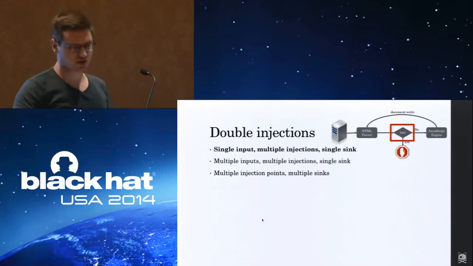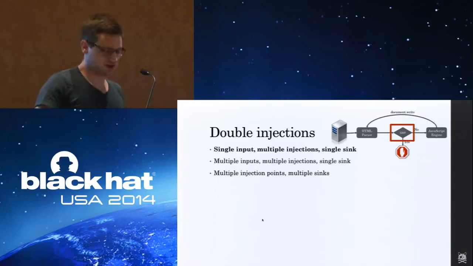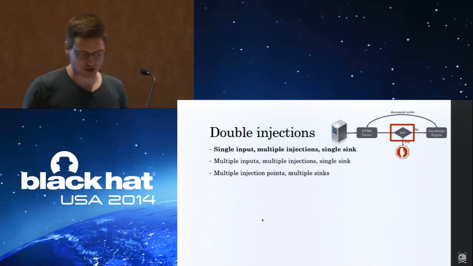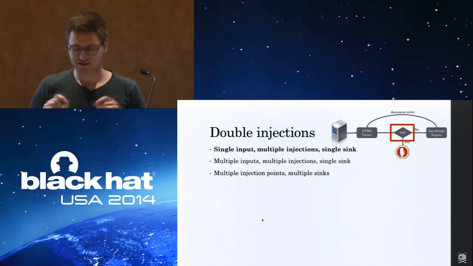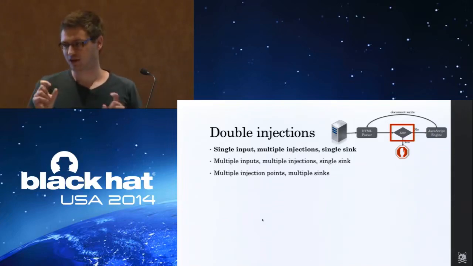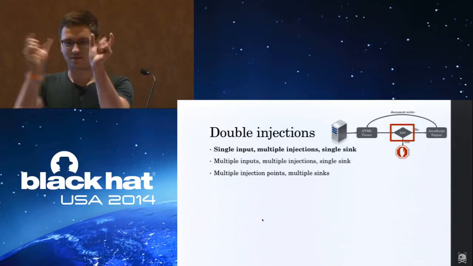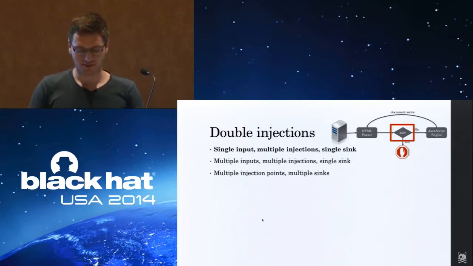What we like to call double injections. So double injections, we have three different classes. Let's say we have a single input, so maybe the URL, but we have multiple injections. It means that it's written several times, at least twice in this case. That's why it's called double injections. You have situations where you have a single input, say a part of the URL, that is written inside one sink, so one document write call just takes part of the URL once and the same part of the URL a second time.